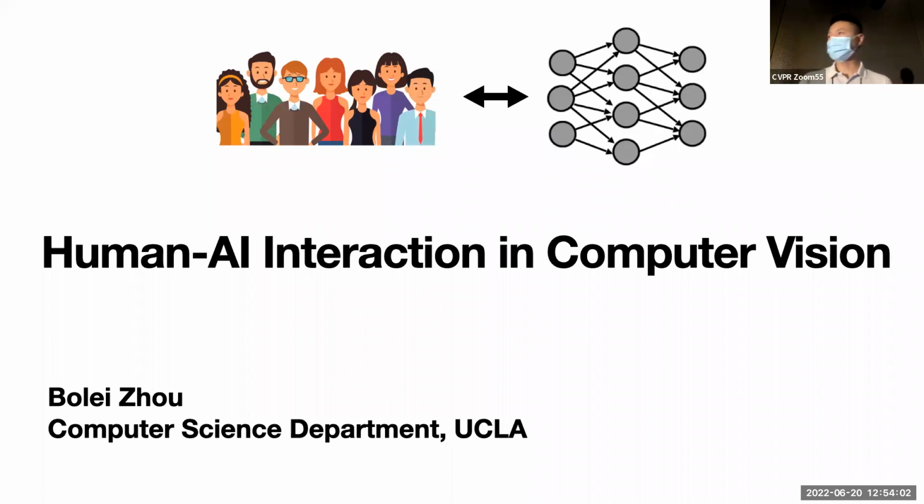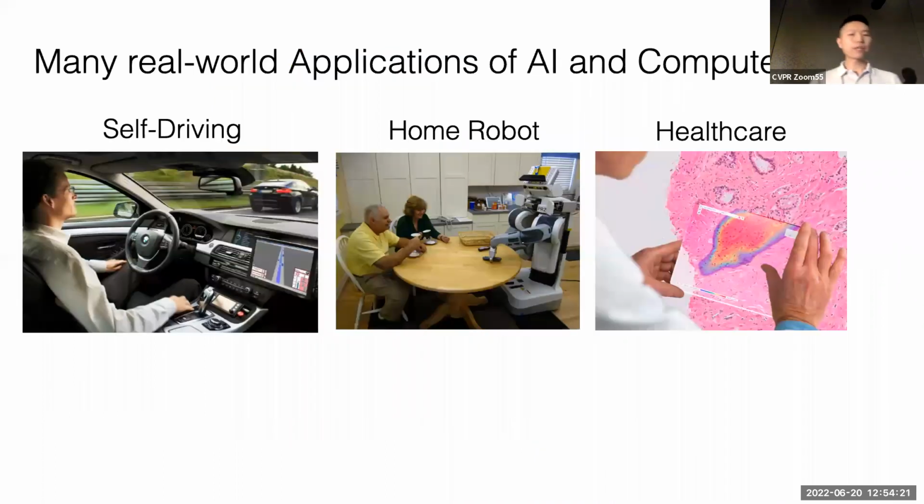So today I would like to share with you some of my thoughts on human-AI interaction. I think that is a very interesting topic, especially for this kind of topic that can be done in a research lab versus these companies. Nowadays, we see many real-world applications of AI and computer vision, from self-driving to home robots to healthcare.